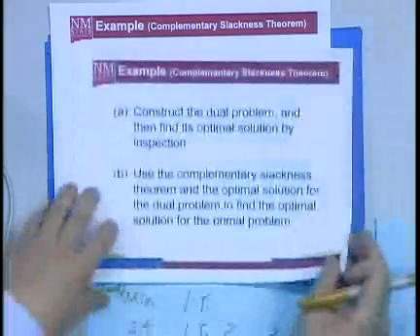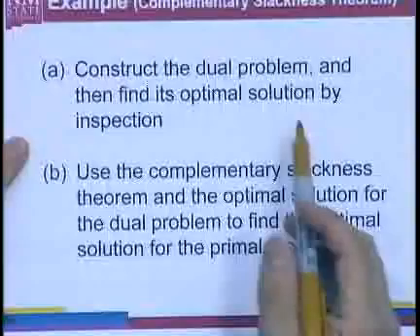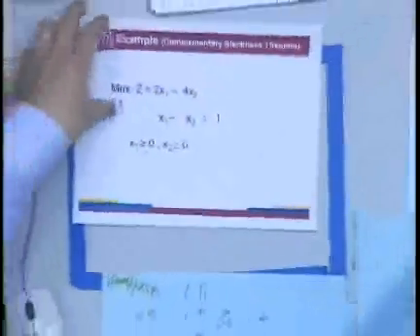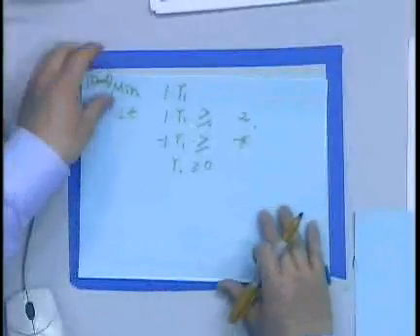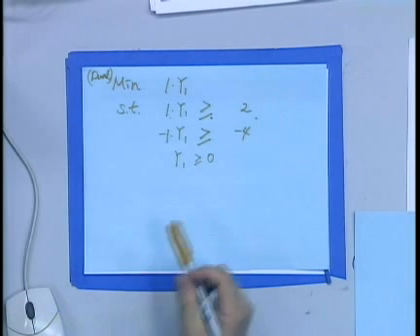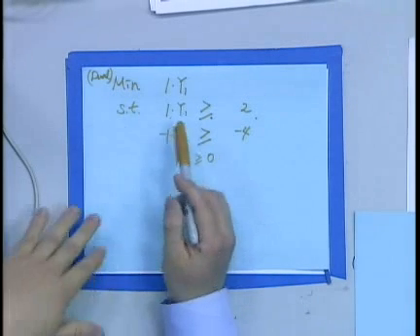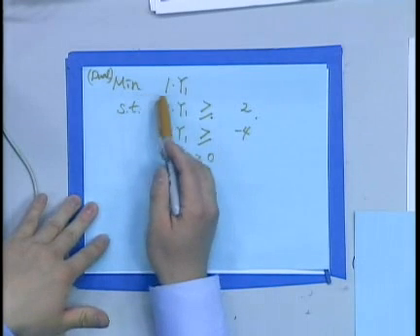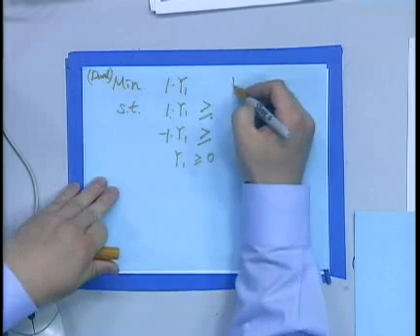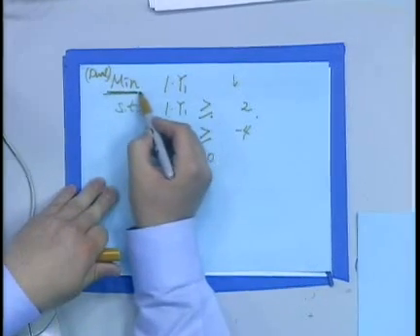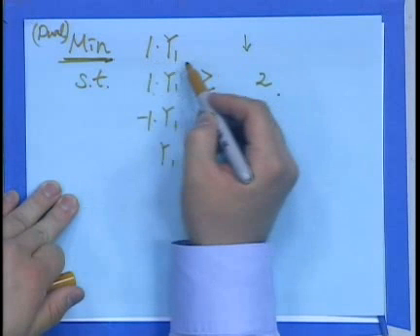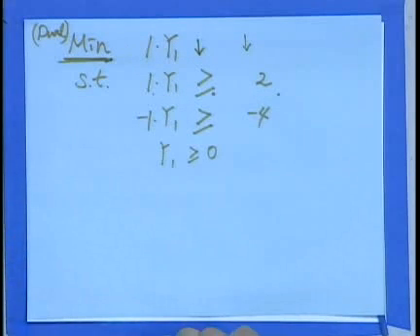Okay, now we are required to find the optimal solution for the dual problem, right? So the dual objective function value will be improved, which means it will decrease, because we are dealing with a minimization problem, if the y1 variable is decreased, is that correct?